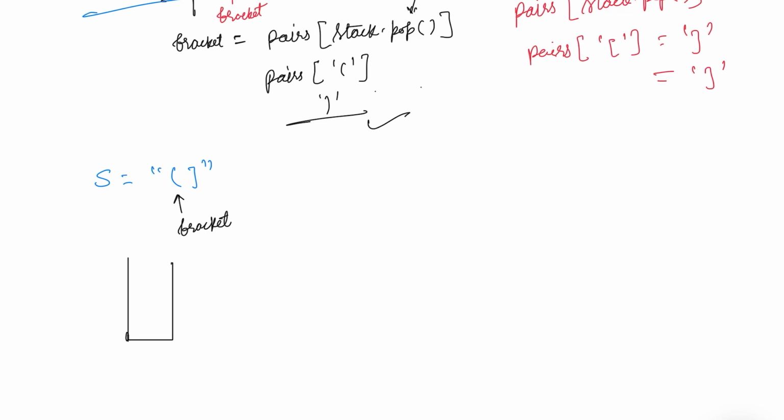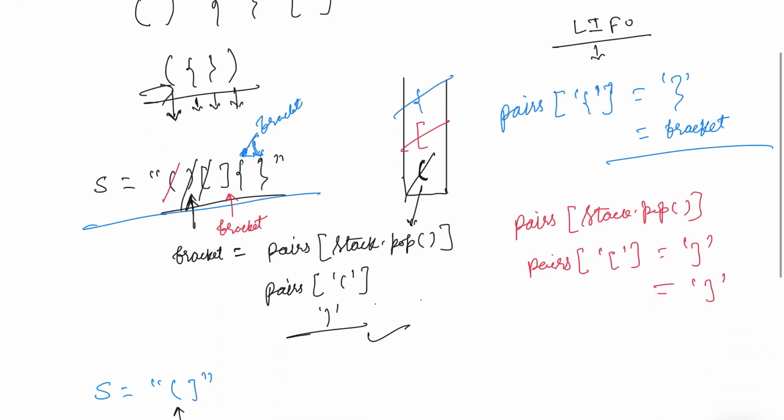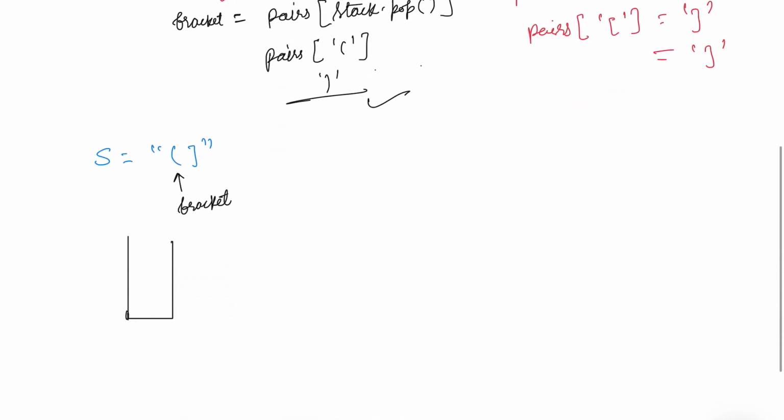I have already told you, we have to check whether the bracket is a key of the pairs dictionary. If it is, then we push that value inside the stack. So if this bracket in the string is a key of the pairs dictionary, it will go inside the stack.